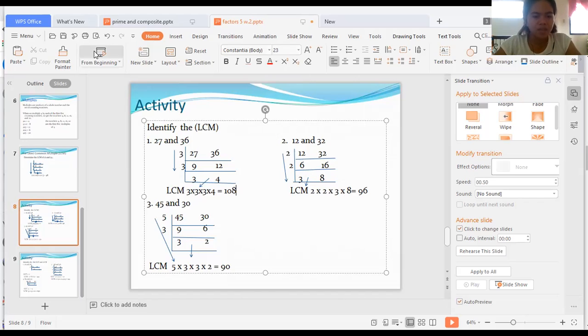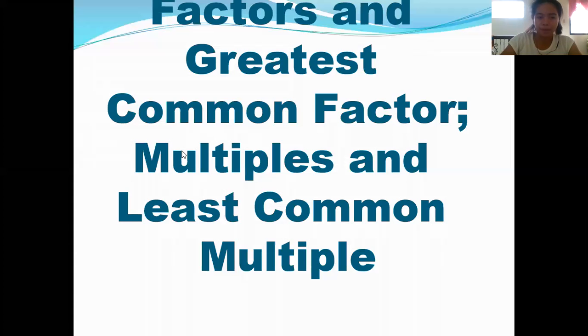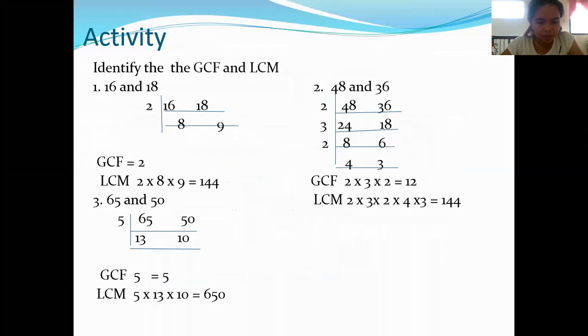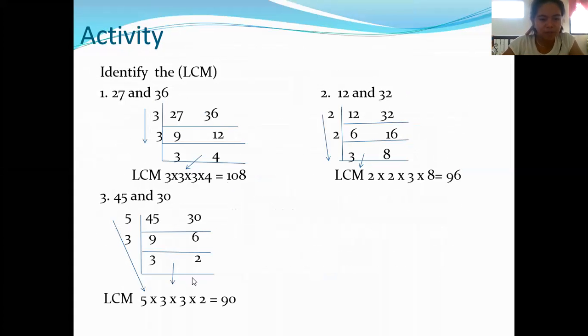Okay. Next example, we have 45 and 30. So 45 and 30 are both divisible by 5. So 45 divided by 5 is 9 and 30 divided by 5 is 6. 9 and 6 are divisible again. 9 divided by 3 is 3 and 6 divided by 3 is 2.